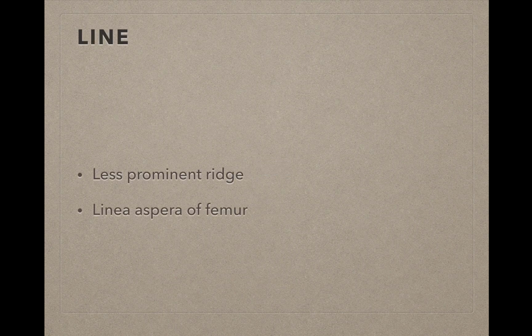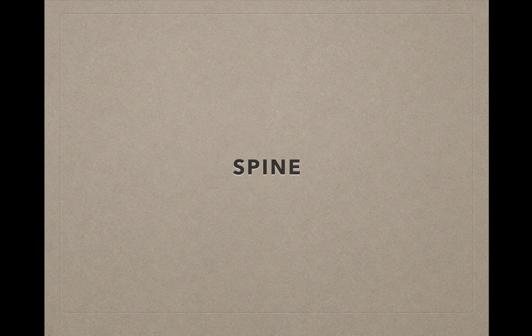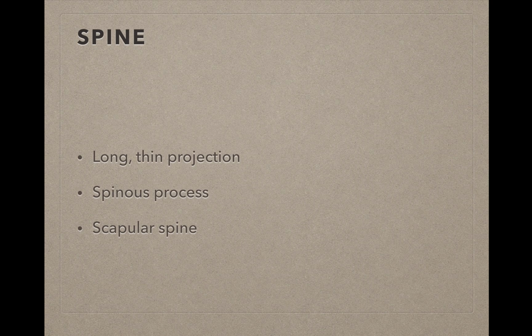Line. Less prominent ridge. An example of this would be the linea aspera of the femur. Spine. Long, thin projection. The spinous process. Or an example, the scapular spine.